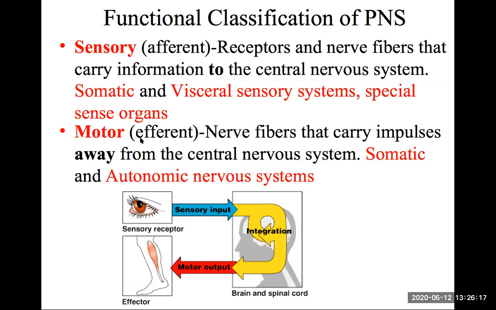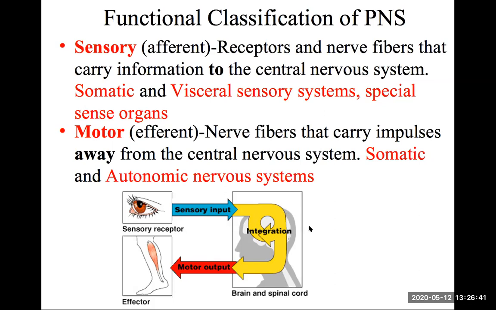So if it is efferent, it is going to exit. These are exiting the central nervous system. These include nerve fibers that carry action potentials or impulses away from the central nervous system, and we will be able to divide this further into somatic and autonomic nervous systems.